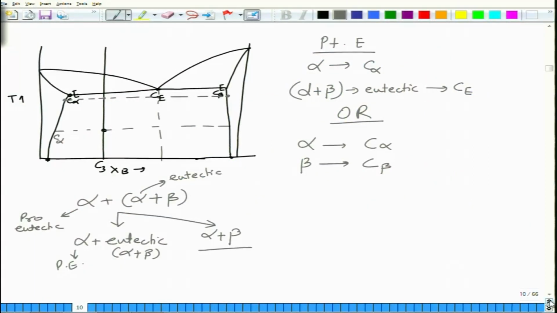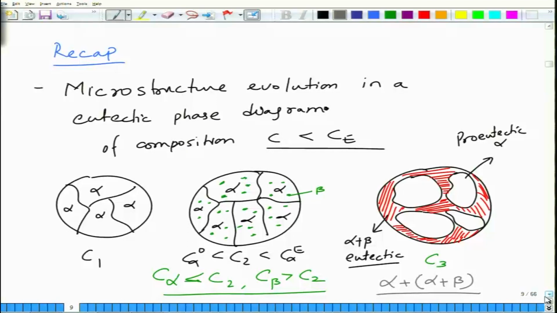For the composition which is between the solid solubility of B in A and the eutectic composition, you have a microstructure like this, in which you form a pro-eutectic alpha, which is this phase. So this is the gray phase, pro-eutectic alpha.